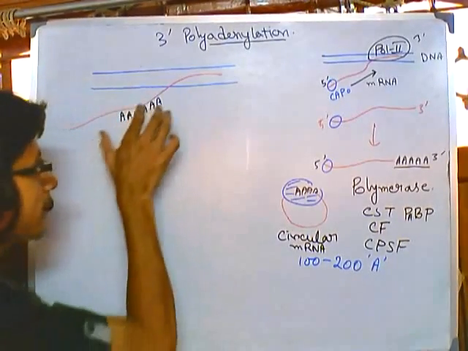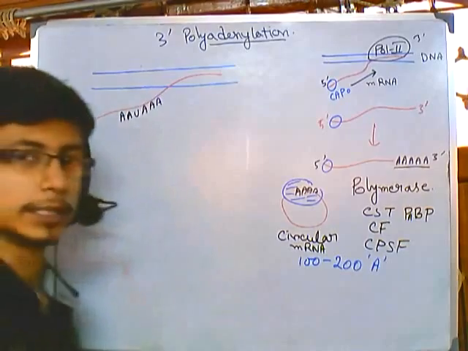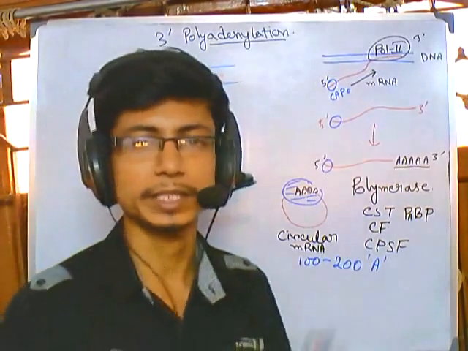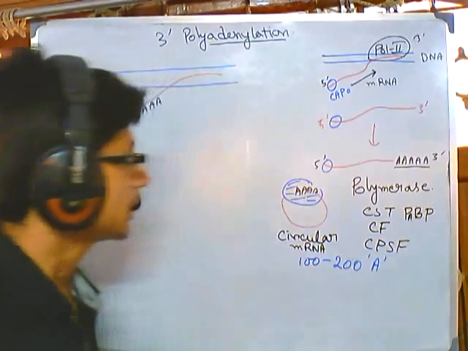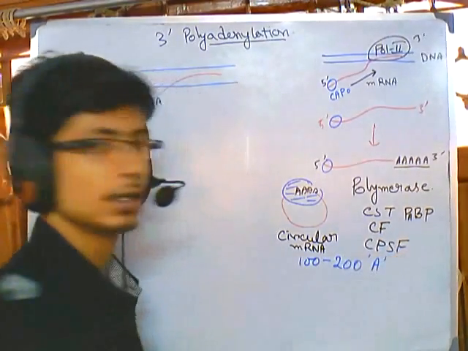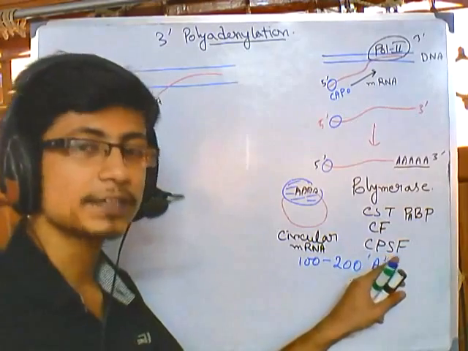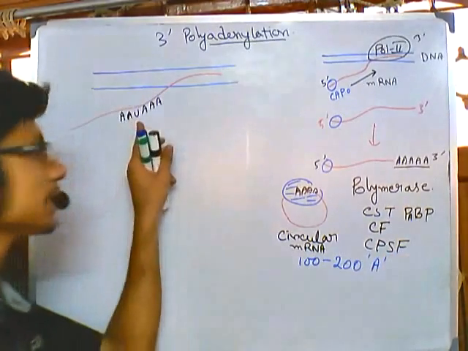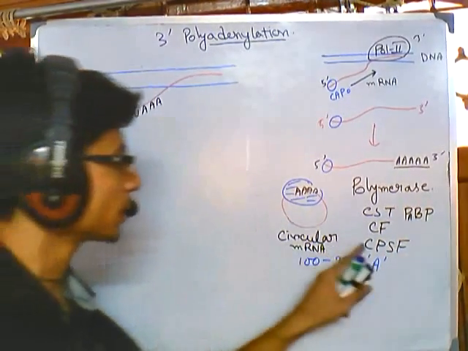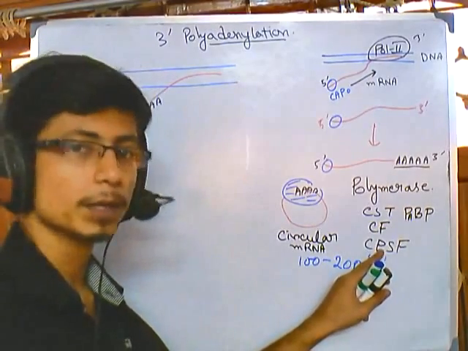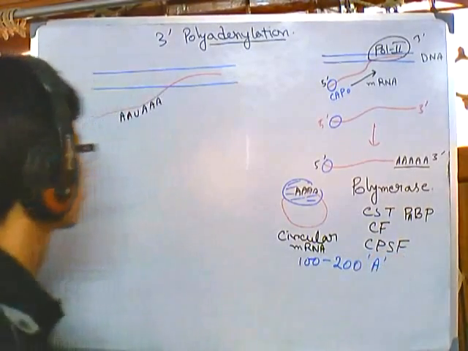Whenever the polymerase encounters the signal, it recruits some proteins, like CPSF, cleavage and polyadenylation specificity factor. When they get this specificity, they just recruit the cleavage and polyadenylation specificity factor.